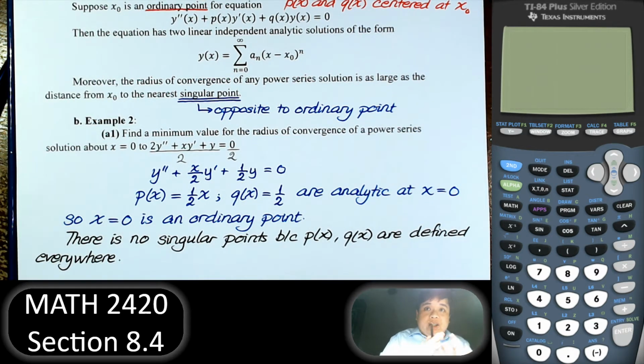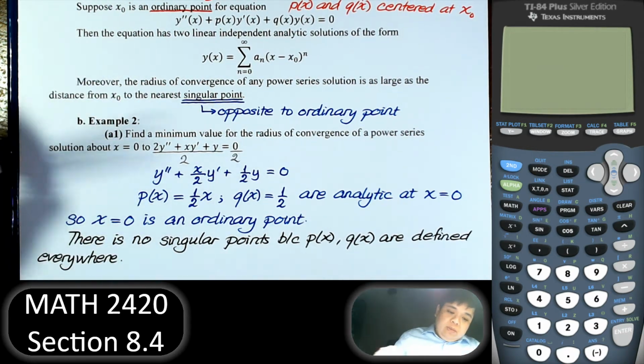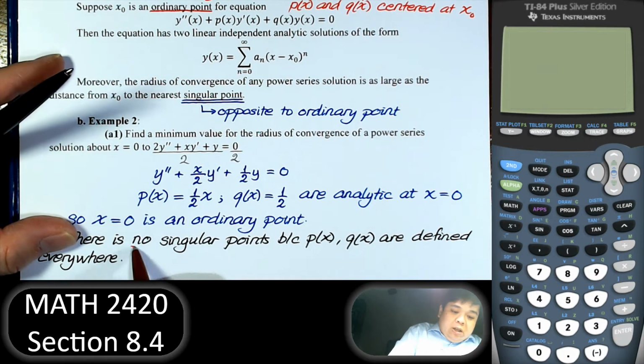And so the radius of convergence will be from that ordinary point to the nearest singular point. We don't have anything. So in that case, the radius of convergence will be infinity, meaning it is defined everywhere. Because of that, there's no singular point.